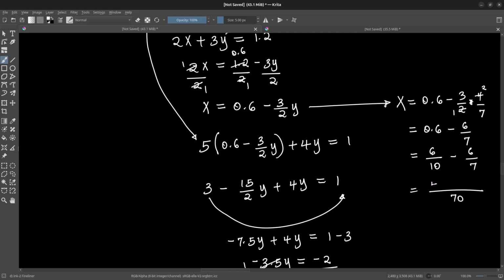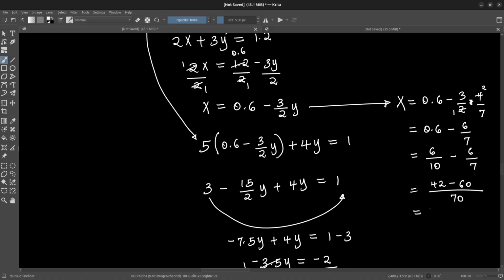Wait, is it 42 actually? Because 7 times 8 is 56. 7 times 6. Oh god, what is 7 times 6? 7 times 7 is 49. Yeah, 42 actually. So that's 42 minus 70 divided by 7. That's going to be 10. Then 10 times 6, which is 60.